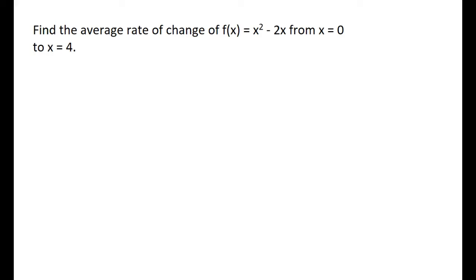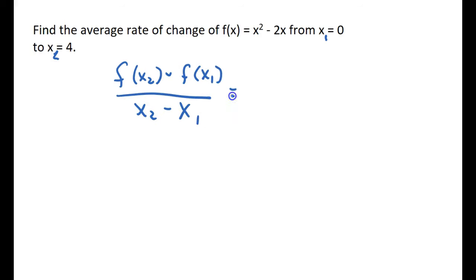So let's find the average rate of change of this function f that's x squared minus 2x from x equals 0 to x equals 4. So here's x1 and here's x2. So we're going to do f of x2 minus f of x1 over x2 minus x1. Okay, so f of 4 is 4 squared minus 2 times 4.